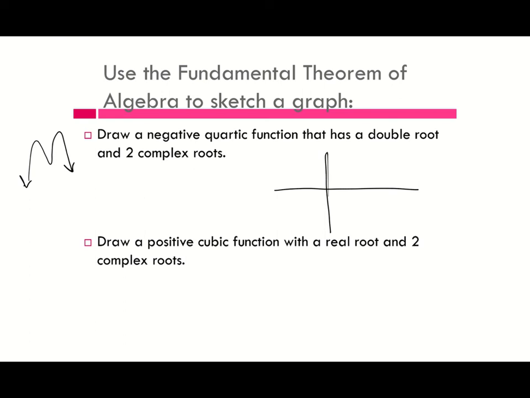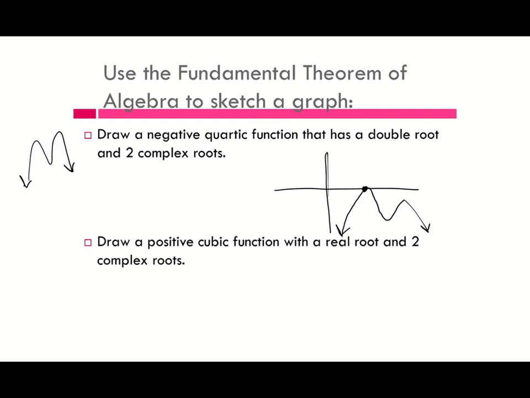So 1 has to bounce off the x-axis somewhere. It can be anywhere. I say I want it to bounce off right here. The other 2 have to be imaginary complex roots, so they're not going to cross my x-axis. So I could come up, bounce off, and then have 2 that don't cross my x-axis.